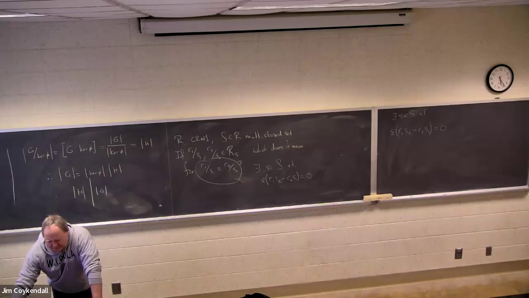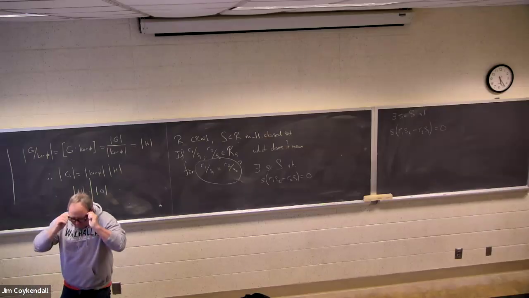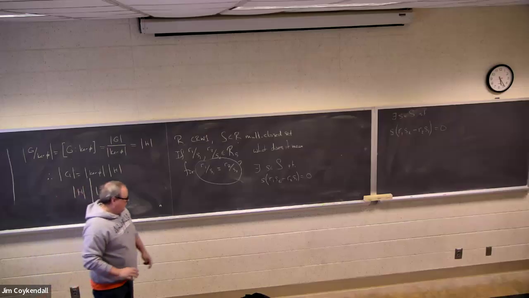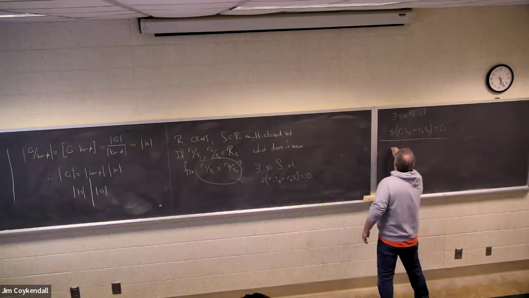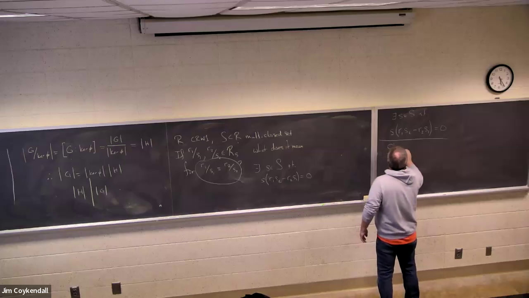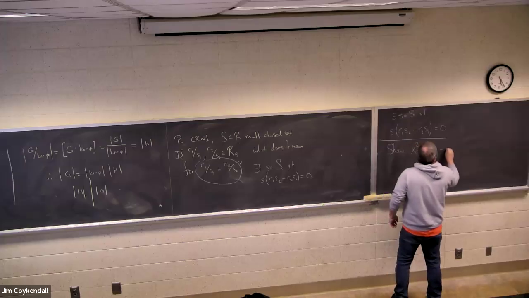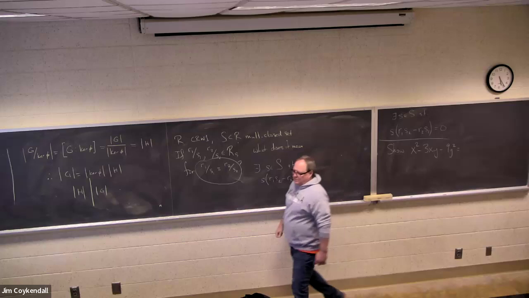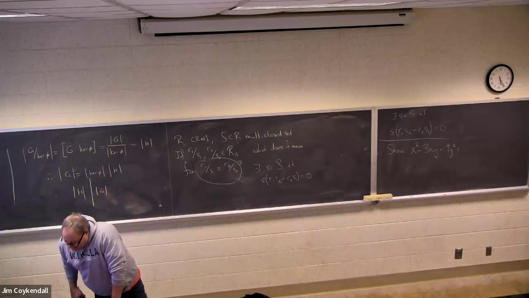Show the equation x squared minus 3x squared, five.